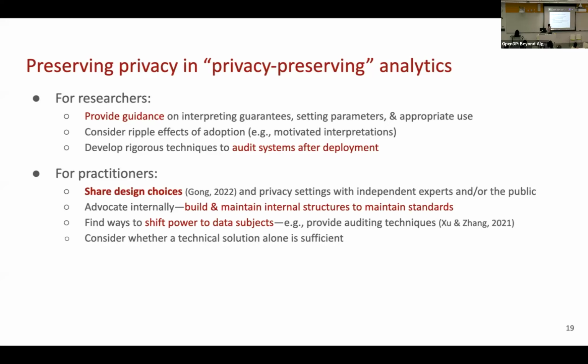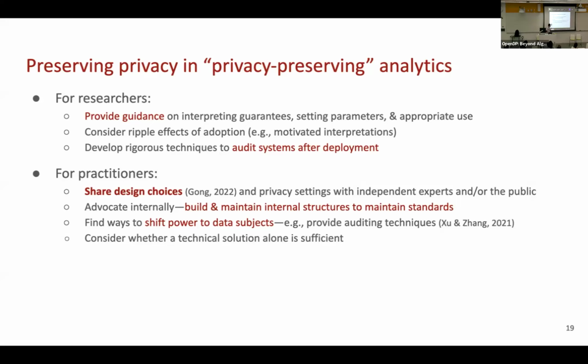So coming up with ways for practitioners to share those choices so that experts like the people in this room can scrutinize them. We've seen a lot of cases where expert scrutiny and papers on, for example, Apple's emoji system or critiques of Google's Privacy Sandbox have actually had effects on those efforts. So setting up ways to do that is really important to avoid this sort of privacy theater idea.